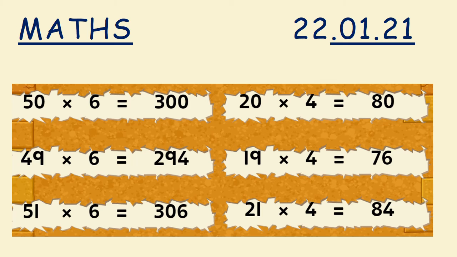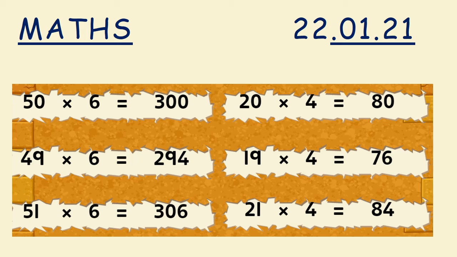20 times 4 equals 80. I know that 2 times 4 equals 8, and if I multiply it by 10, it will be 80. 19 times 4 equals 76.